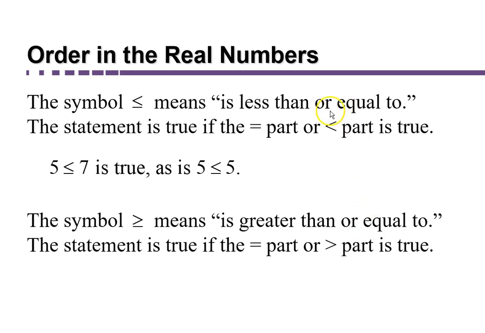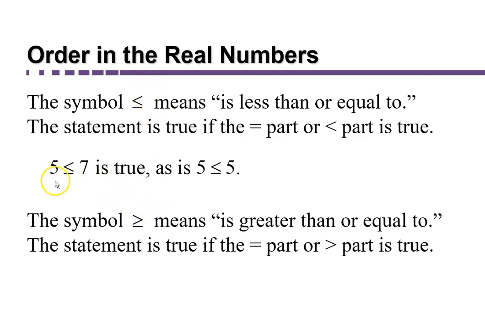Now, we also have inequality symbols, and these should be written up and defined. This one means less than or equal to, as is described there. Now, notice there's a less than and an equal as part of this.